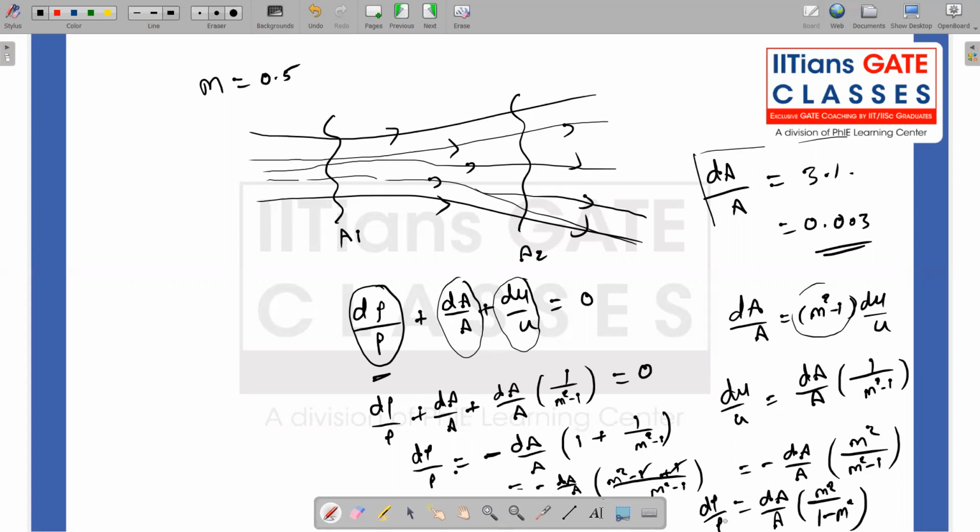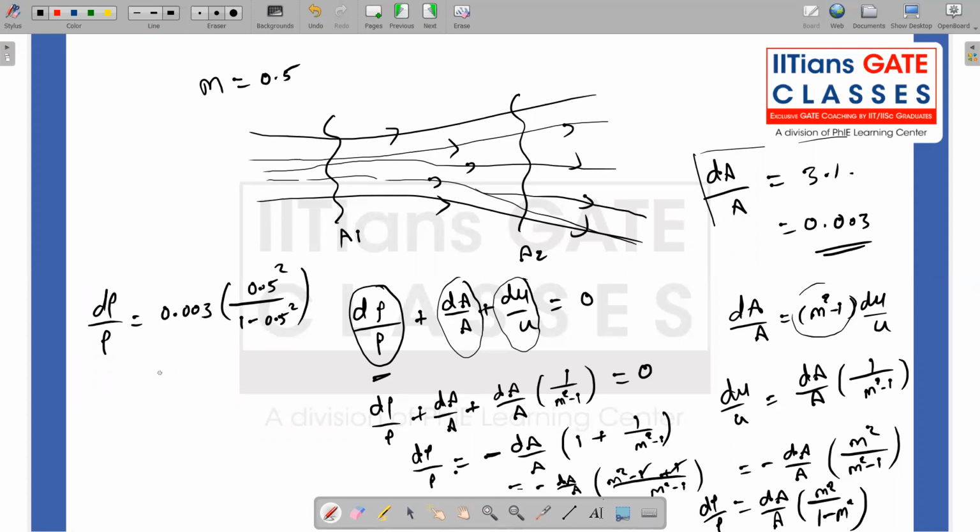This is what we want to calculate. So now put the numbers given in the problem. dA by A is 3%. So I can write d rho by rho equal to 0.03 times M is 0.5 squared divided by 1 minus 0.5 squared, right?